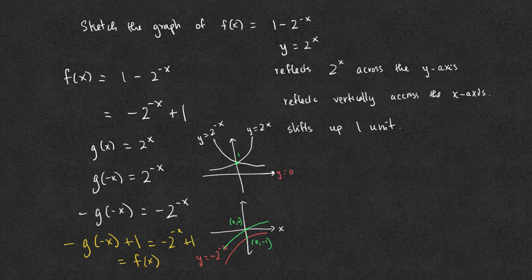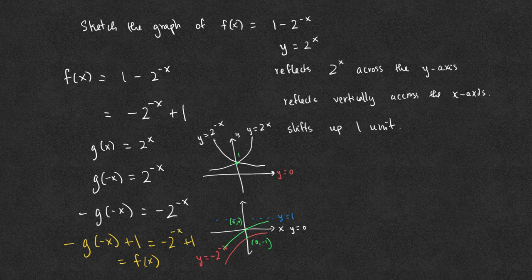When we flip it over the y-axis, the horizontal asymptote is still y equals 0. And when we flipped it over the x-axis, the horizontal asymptote was still y equals 0. But then when we shift the graph up 1 unit, the horizontal asymptote is now y equals 1.